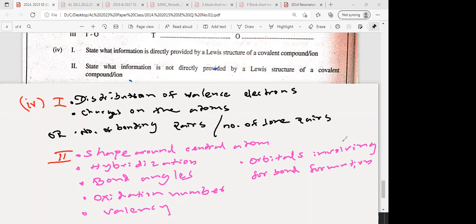Please copy down this. Are you still writing this or shall I erase? Please raise your hand if you are still writing this. Now, why do you need to copy down all this? Sometimes in upcoming papers, this structured essay can become an MCQ.